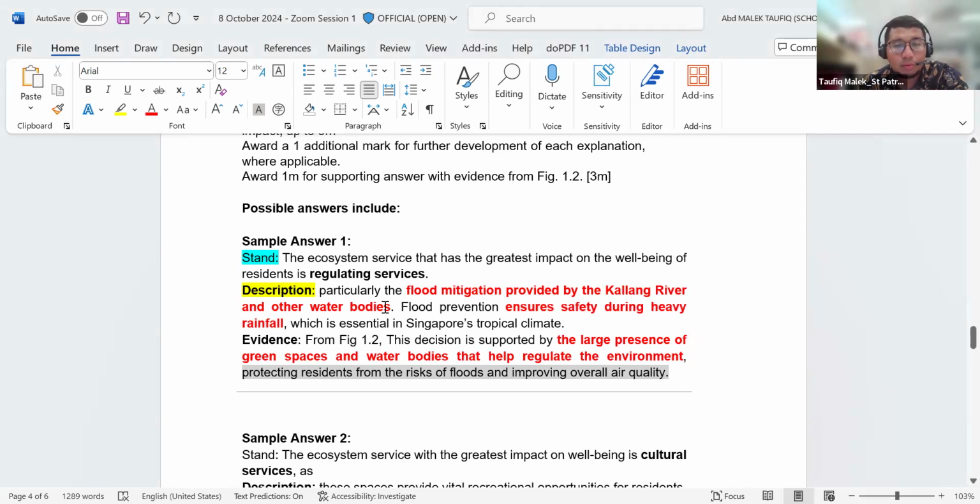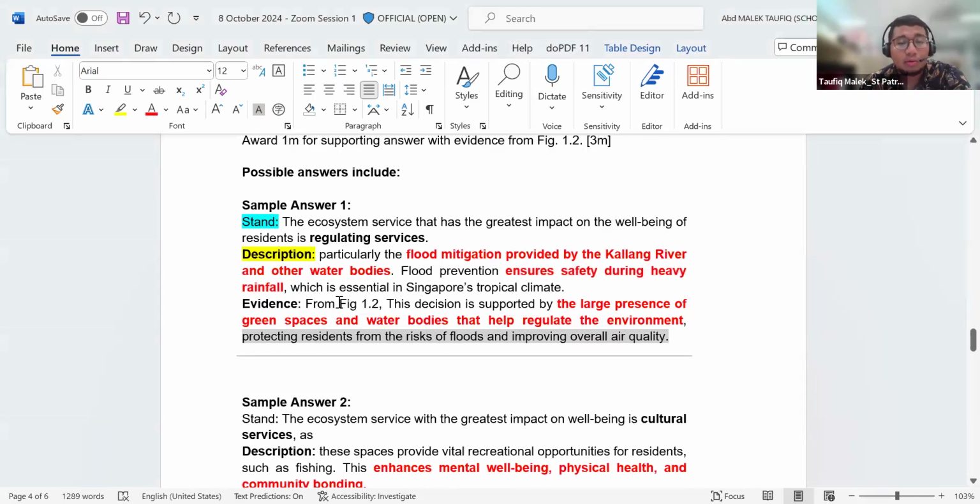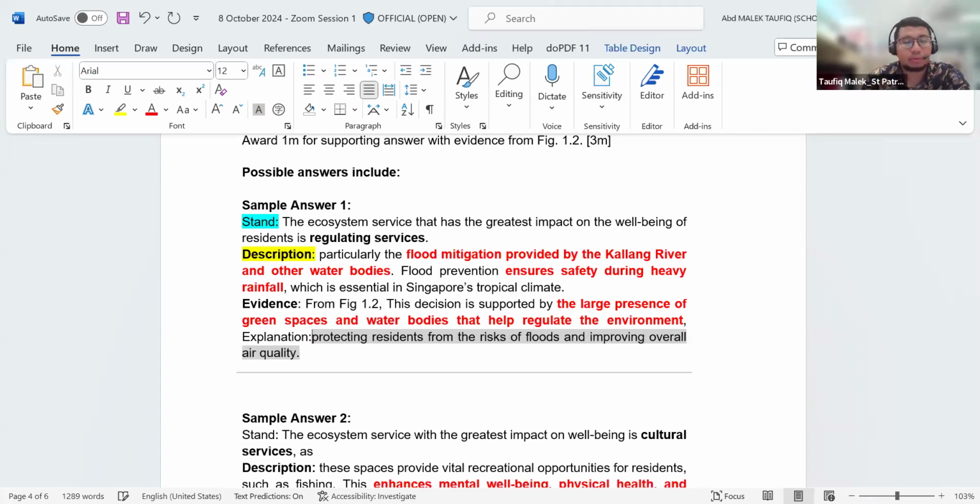So I'm able to provide a slight description, because flood mitigation for river and for reservoir is important. Then my evidence from figure 1.2: this is supported by the large presence of green spaces and water bodies that help regulate the environment. The last part, protecting residents from the risk of flooding and improving and so on, is my explanation.